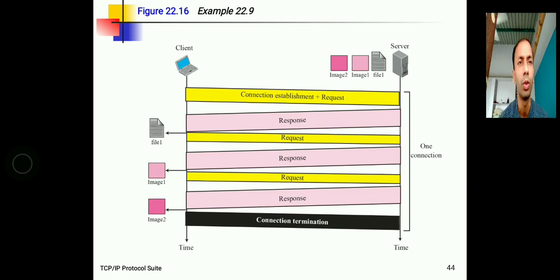That is what HTTP protocol 1.1 supports: persistent connection. It means once the connection is established, it is not terminated until all the files from that particular web page are retrieved and sent to the client. So this is all about HTTP persistent connection and non-persistent connection.